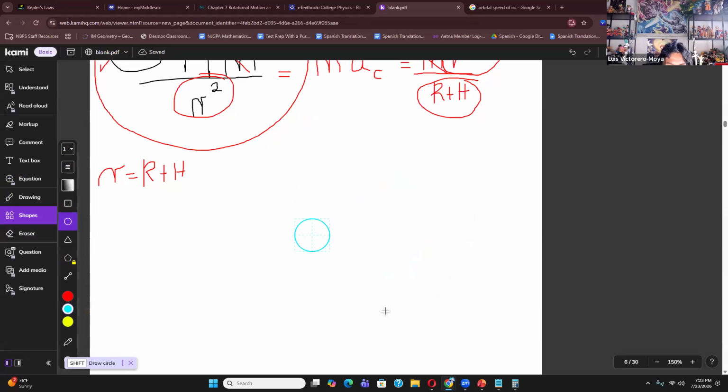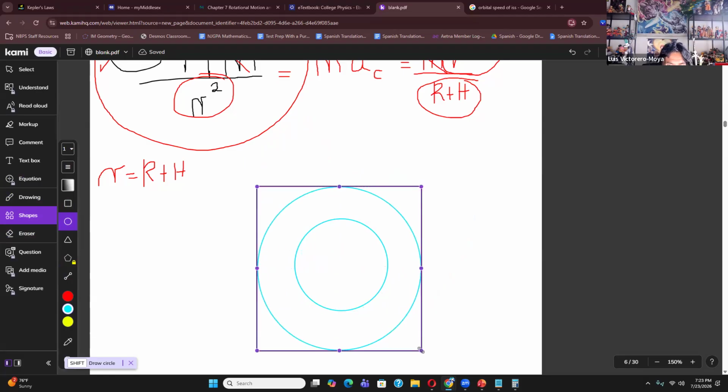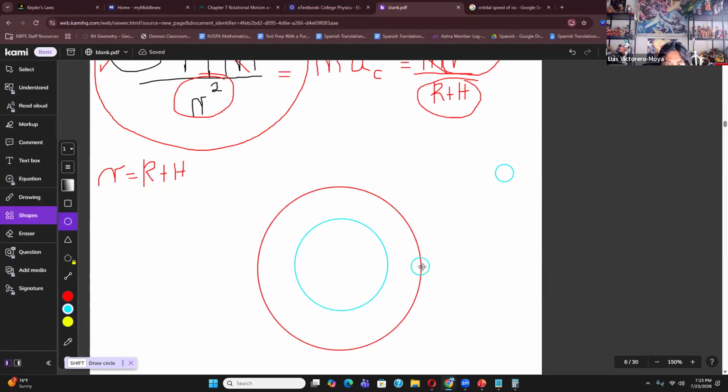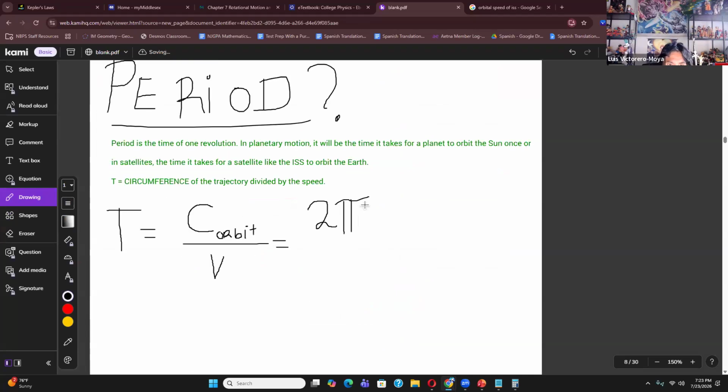The Earth is like this. The ISS is like this. So the total R is R plus H. Radius of the Earth plus the height. So 2 pi (R plus H) divided by V.